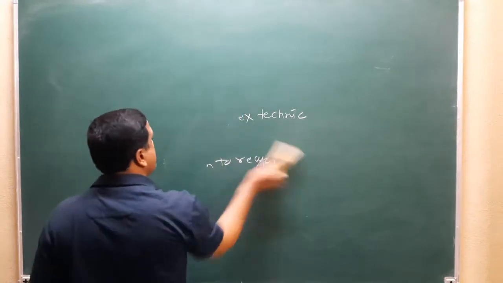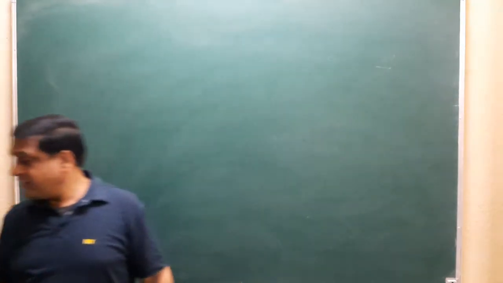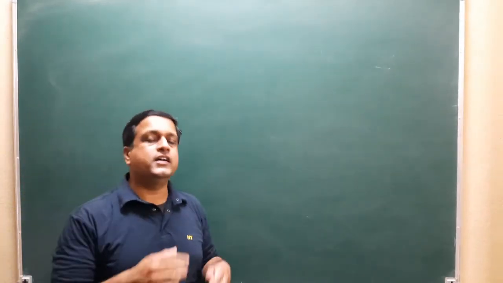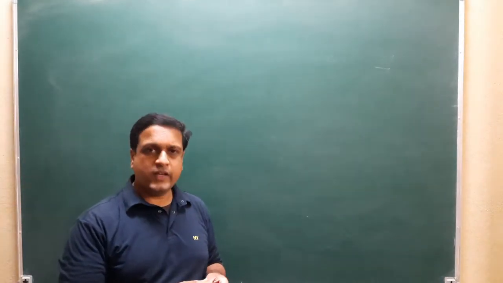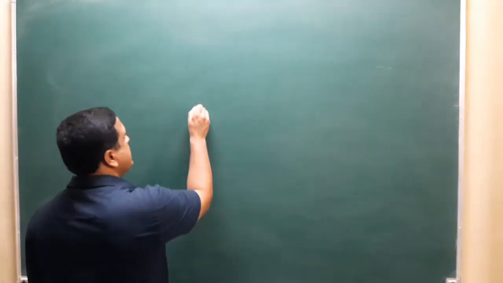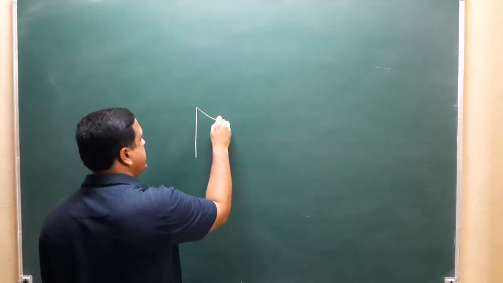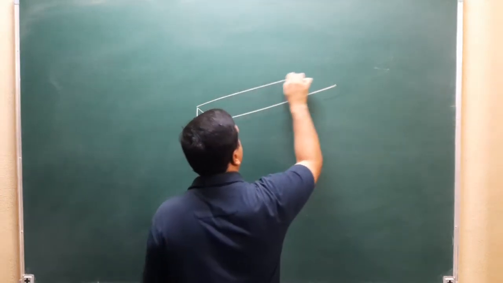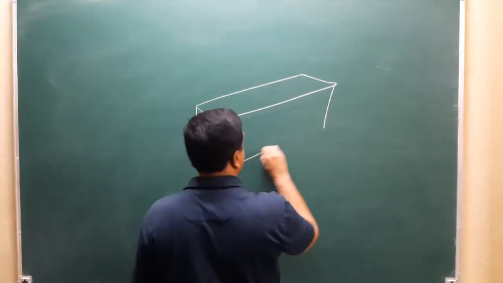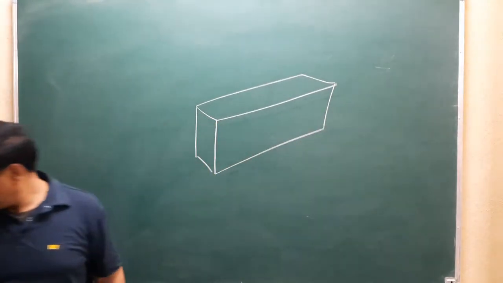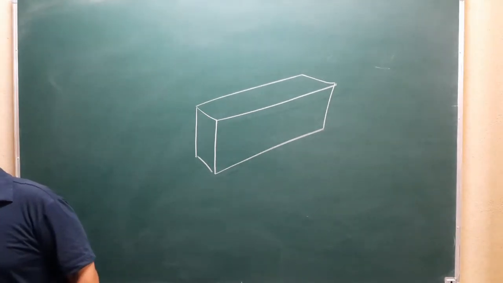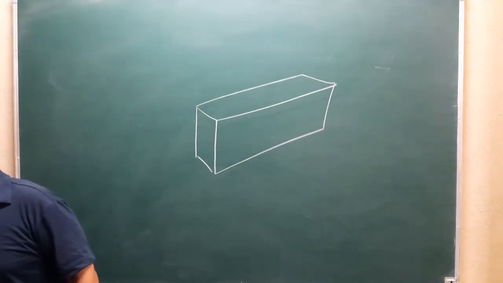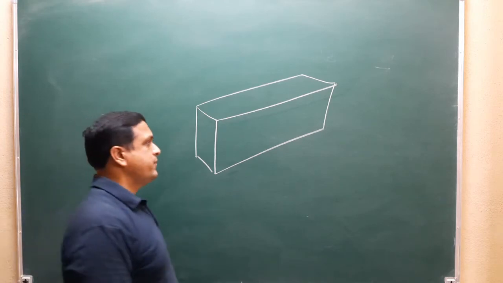Now I will tell you how the stresses are developed in concrete. Basically this is a beam. I have sketched this 3D diagram so many times. So how are the stresses developed in the beam?